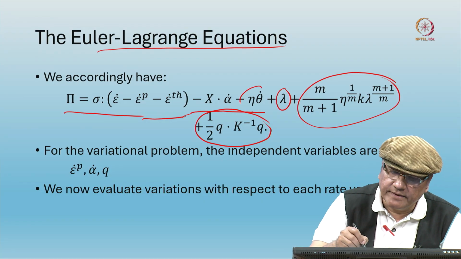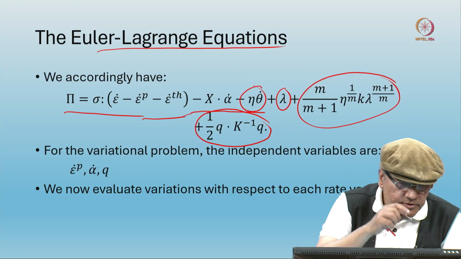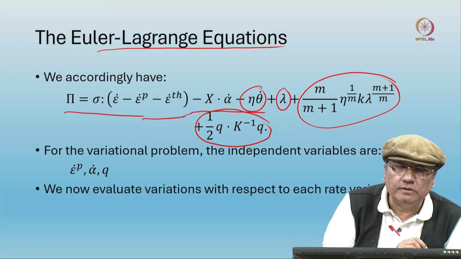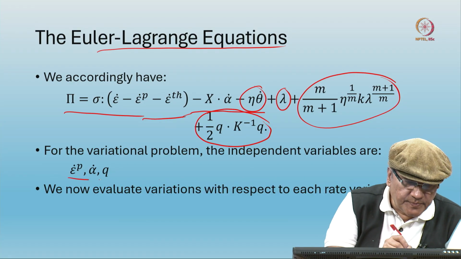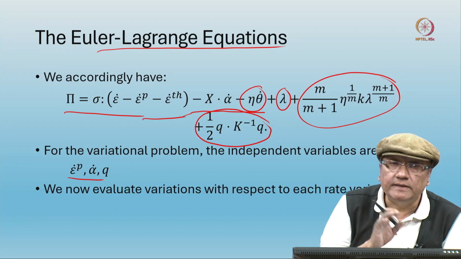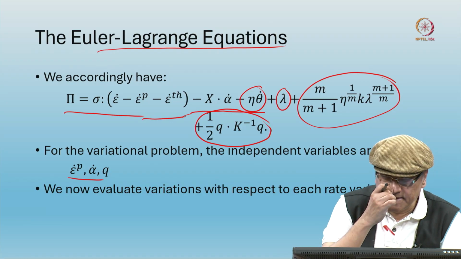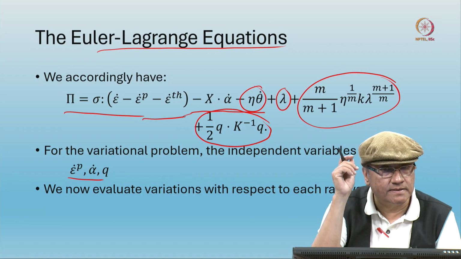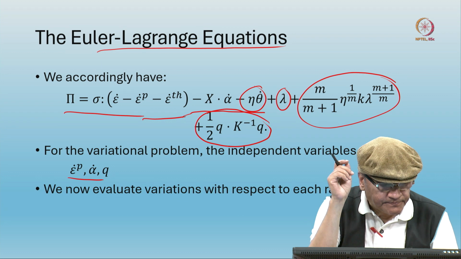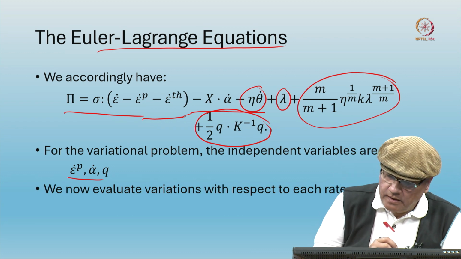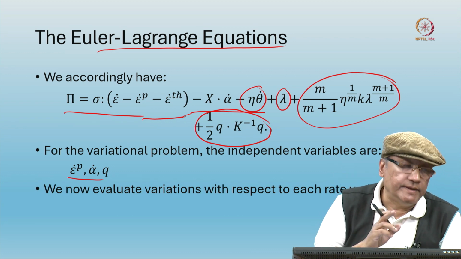There is a single hanging term here, so we have to take the variation with respect to epsilon p dot and alpha dot, the rates of the internal variables arising in plasticity, and the thermal variable, heat flux q. Now let us do them one by one.